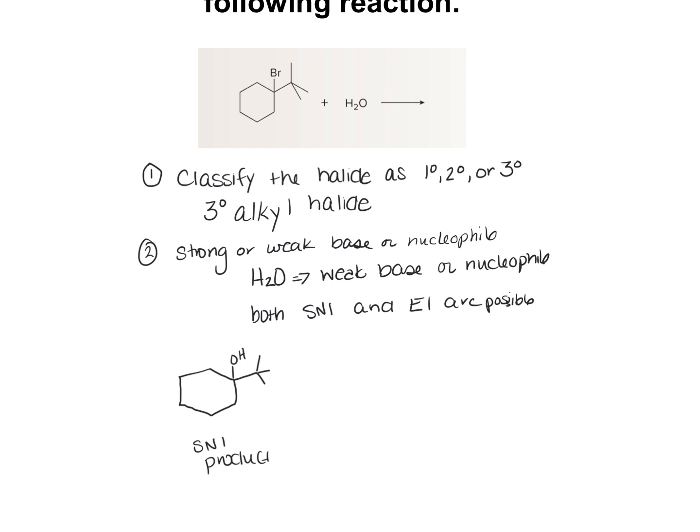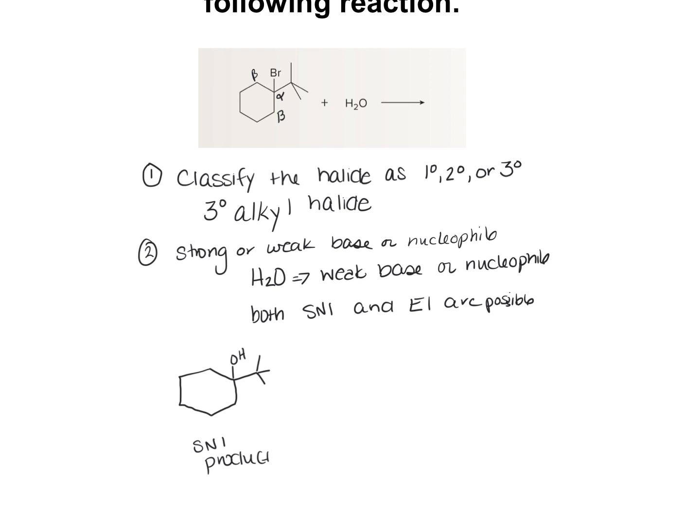Then we think about an E1 reaction. And we know that this is our alpha carbon, and so we have to decide what beta carbon we have that has a proton. So this beta carbon doesn't have a proton. We have a proton here and we have a proton there.